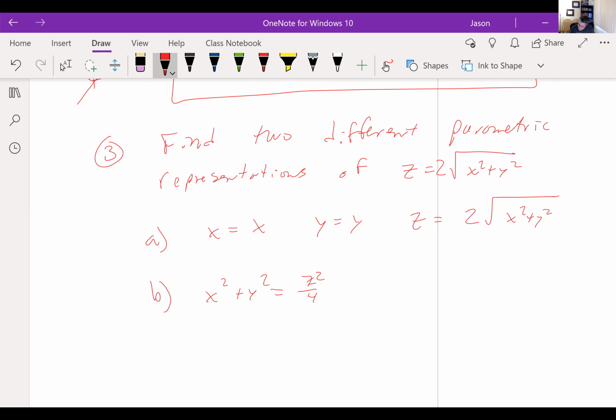Okay, we can parametrize that. So x is x, and y is f of x cosine theta.